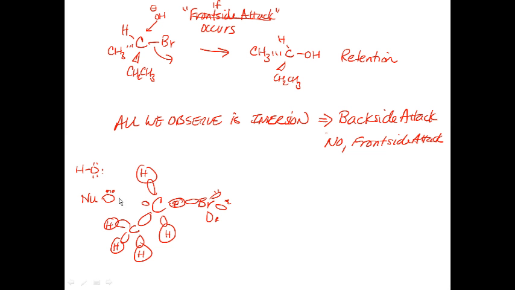what happens is that from the orbital picture, remember that we form single bonds by the head-to-head overlap of orbitals. And so what happens is that this nucleophile then comes in and overlaps its sp3 orbital with the little tiny sp3 orbital that we never worry about.